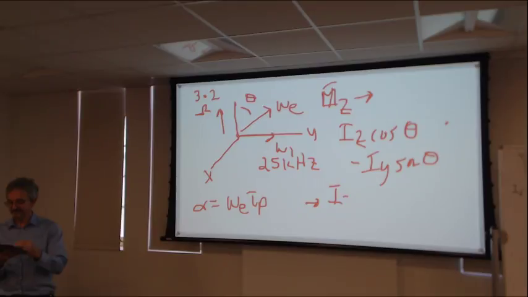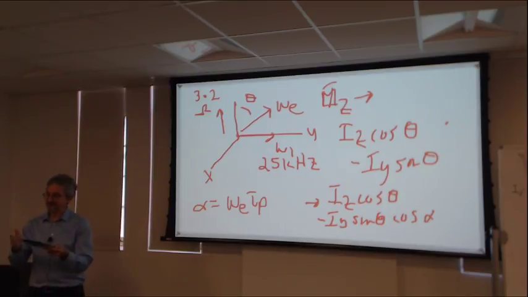I have IZ cosine theta, minus IY sine theta cosine alpha, and then the minus IY magnetization will precess around Z to the plus IX axis.